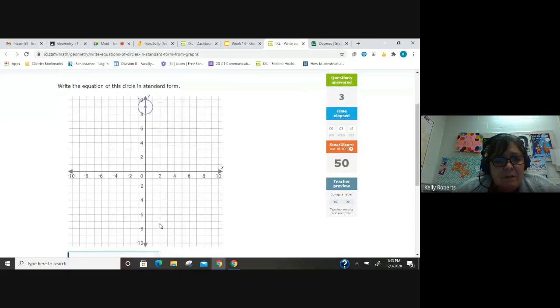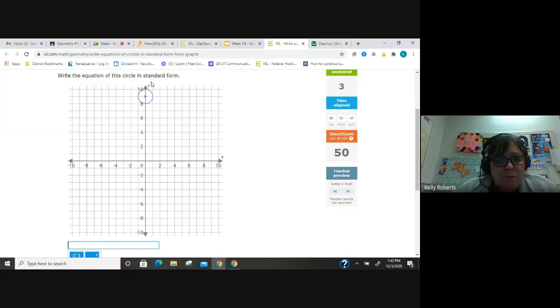Okay, here's something different. It's not at 0, 0 anymore. Now the center is at 0, 9. So plugging into the formula, I would have x minus x from this center point squared.